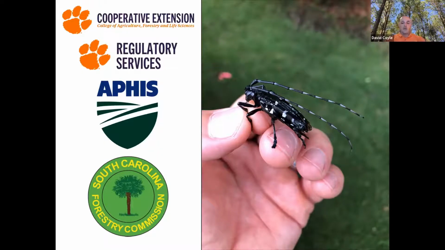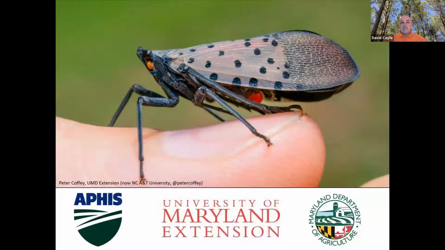There's a major giant hornet program out in Washington, and it takes a lot of people to keep these things running. And then states that maybe aren't the epicenter, but certainly have these pests, like Maryland. You've got a good spotted lanternfly program right there as well, with the Department of Ag and Extension and APHIS too. I mean, everything's trying at this point to contain these things and manage on a local level.